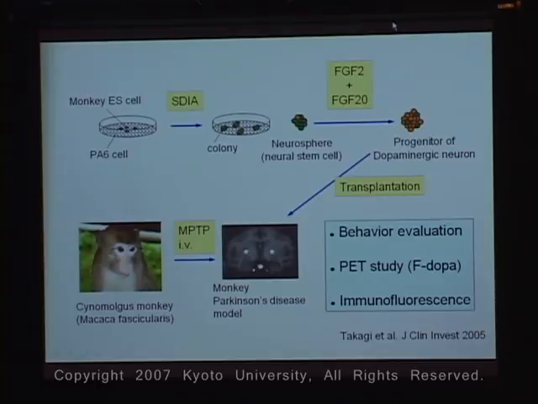For the monkey models, we injected MPTP, which is a toxic drug that selectively kills dopaminergic neurons. After that, we transplanted these cells into the putamen of both sides. After that, we performed the behavior evaluation, PET study and immunofluorescence study.